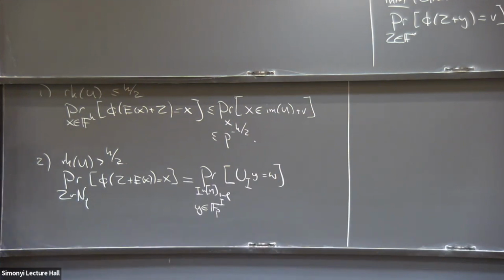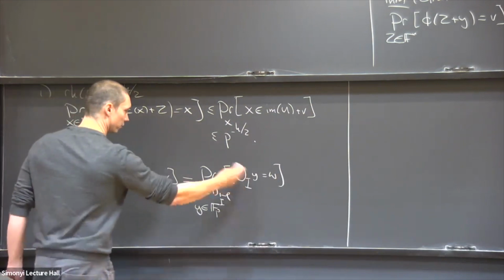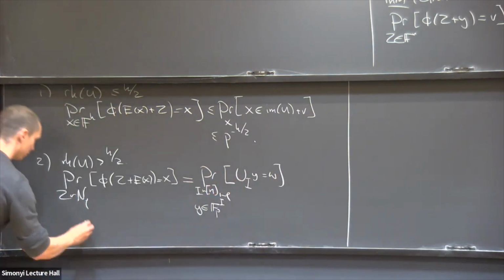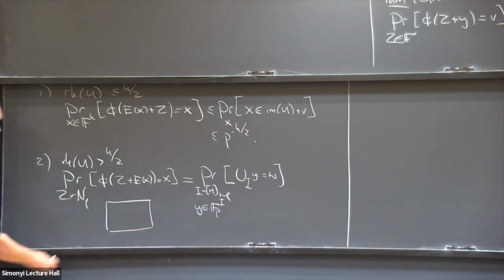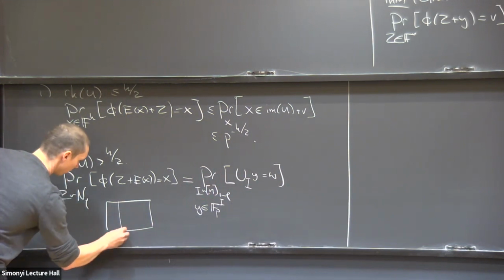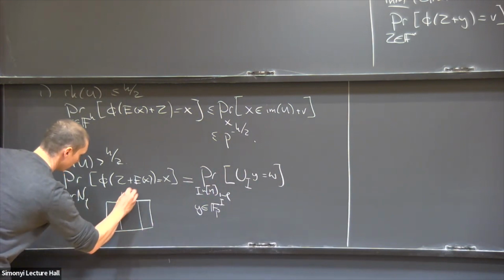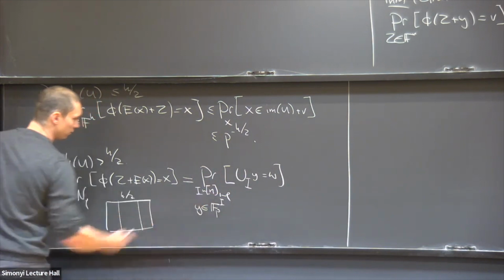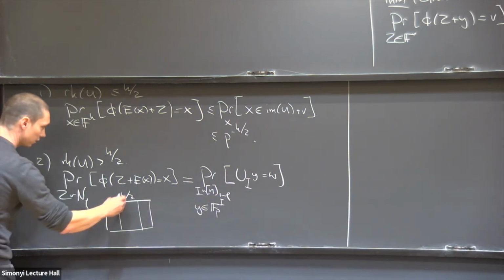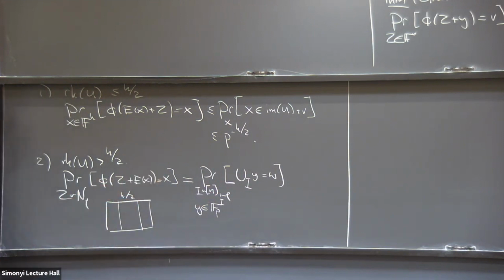Good. So what can we say about this restricted matrix U? Here we have U, say. U has large rank, at least k over 2. So there are at least k over 2 columns that are linearly independent. This Bernoulli random set selects each of these columns with probability rho.